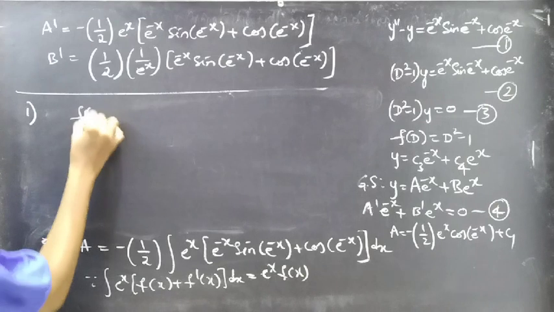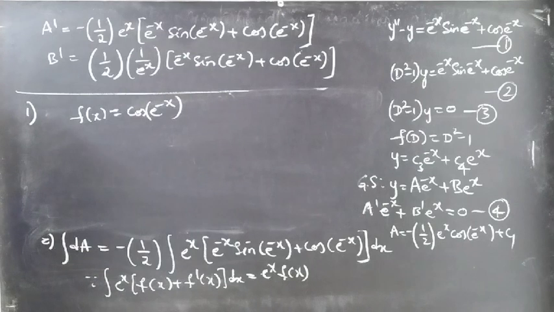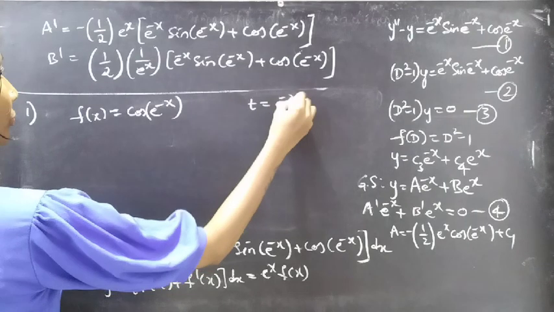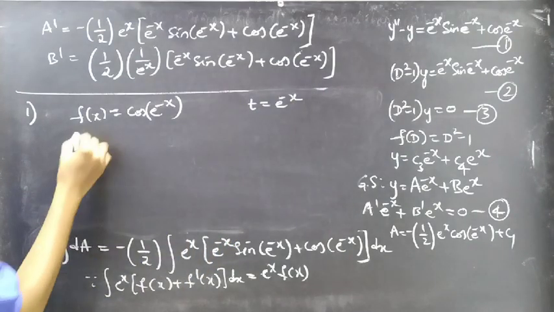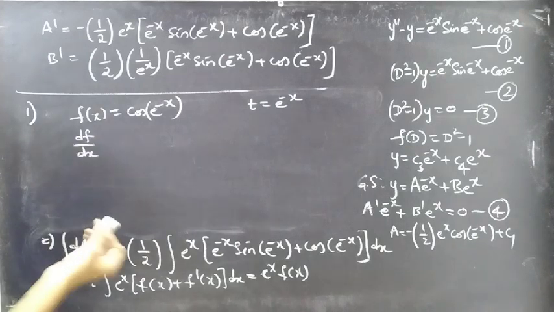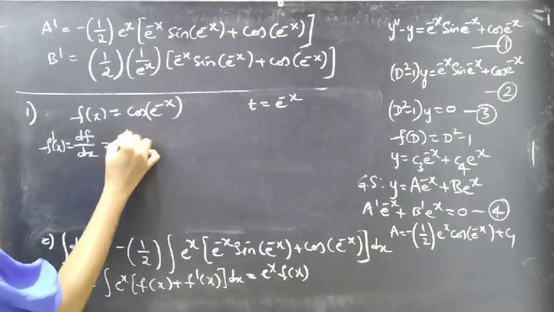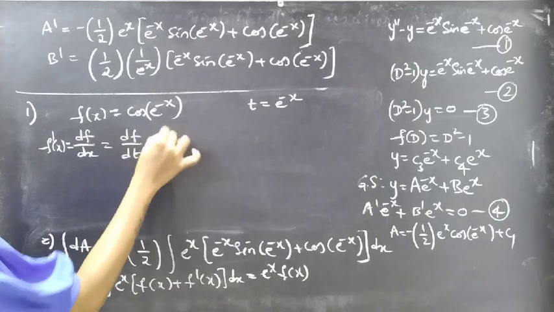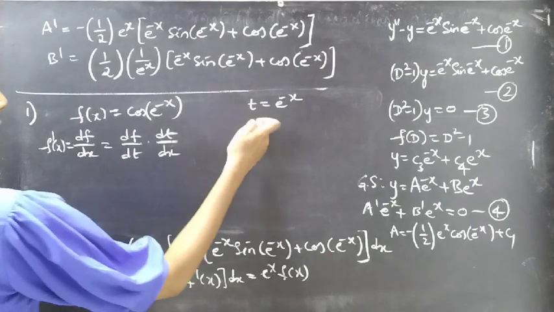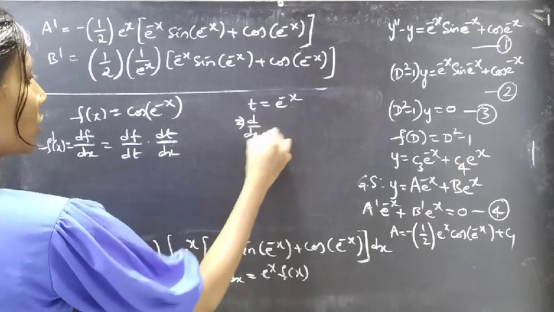If f(x) equals cos(e^(-x)), let e^(-x) be some t. Now we can apply the chain rule to find the derivative f'(x), which equals df/dt into dt/dx. Let's find dt/dx simply by differentiating on both sides with respect to x.